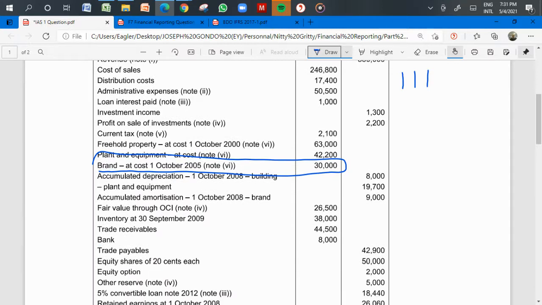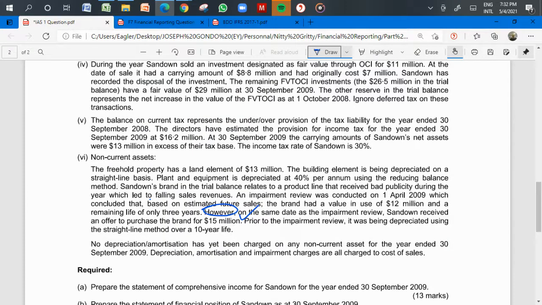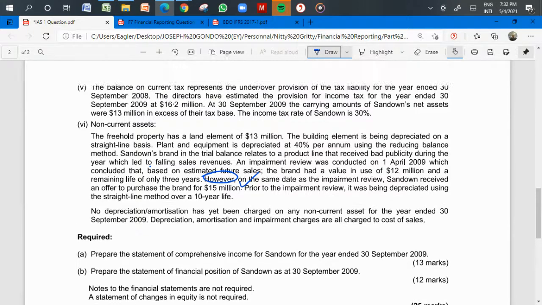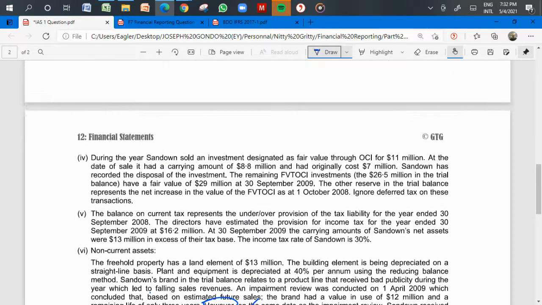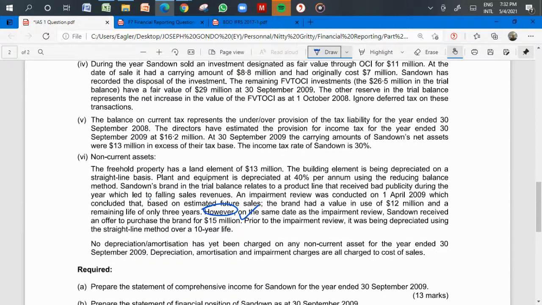It's not a complete year because we did the impairment on 1 April. Our year is starting October, so it's October, November, December, January, February, March. So it's 6 months.